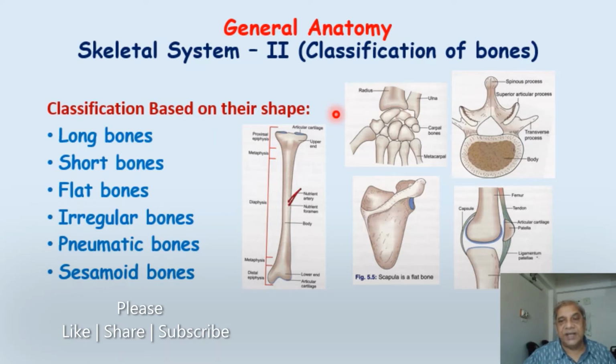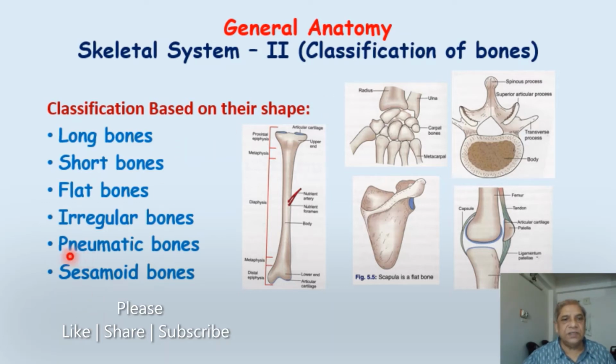Then by the side of the nose there are ethmoid bones. Then this forms the cheek, the prominence of the cheek. These are called the maxillary bones, and deeply situated inside the body there is a bone called the sphenoid bone, and behind the ear there is a bony prominence, and that is called the mastoid. All these bones contain an air cavity inside, and they are classified as the pneumatic bones.